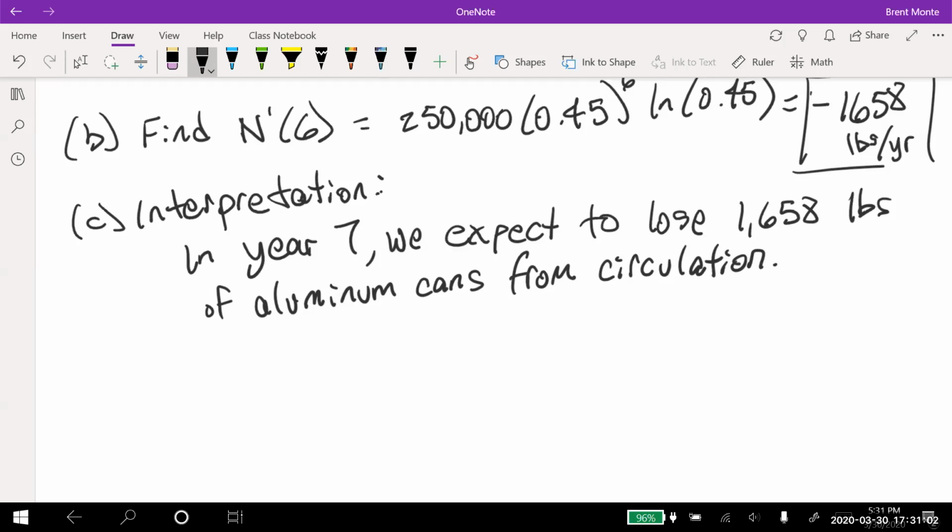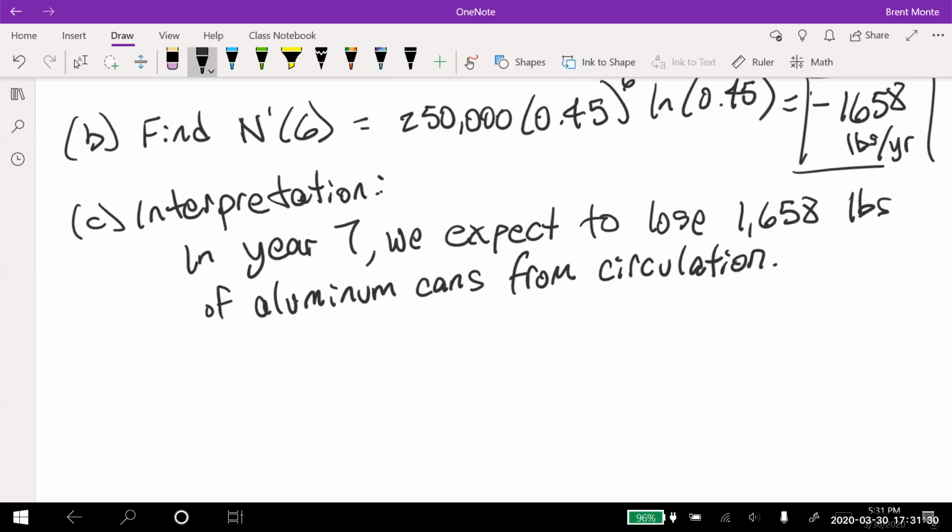But notice just seeing a generic formula doesn't really tell us much. But when we actually work it out in our calculator, we get a negative number. It says, oh, we're losing, we're going down in pounds, which is what's happening because if we recycled 45%, 55% of the amount of aluminum cans that still existed in year 6 from that original 250,000 pounds.